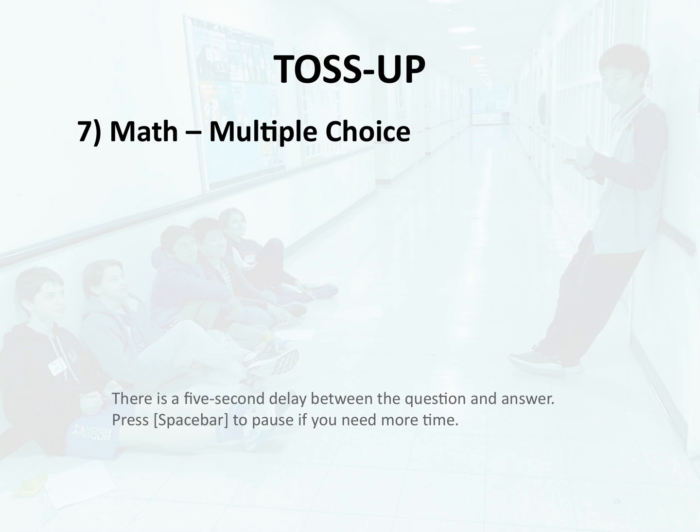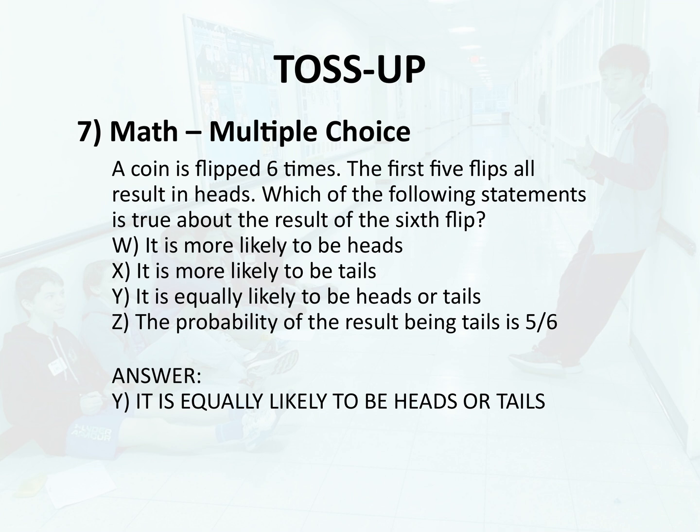Y. It is equally likely to be heads or tails. Z. The probability of the result being tails is 5 over 6. Answer. Y. It is equally likely to be heads or tails.